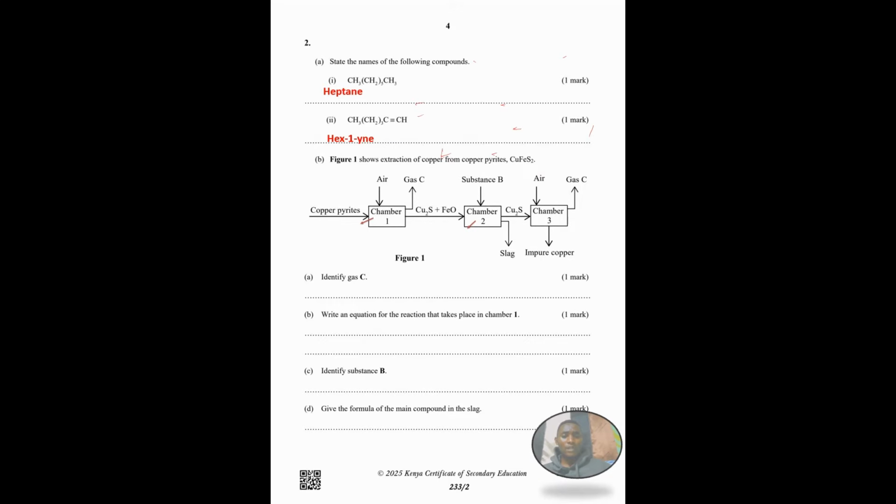So we need to understand that the roasting of the ore starts with the chief ore being roasted in air in a furnace. We roast the ore, which is copper pyrites, by reacting it with oxygen, whereby we form copper 1 sulfide, iron 2 oxide, and we release a gas which is sulfur 4 oxide gas.